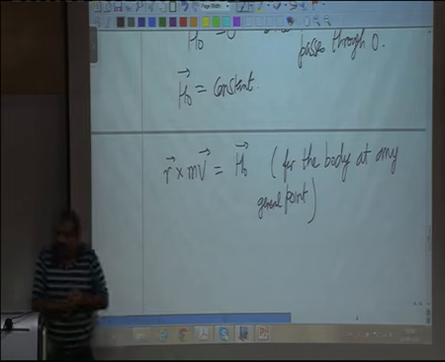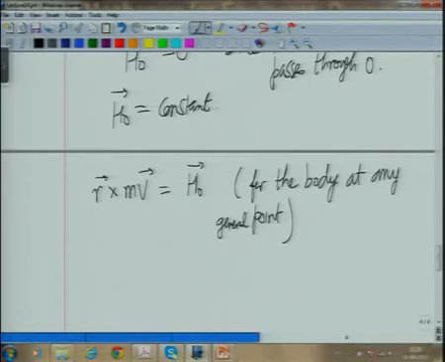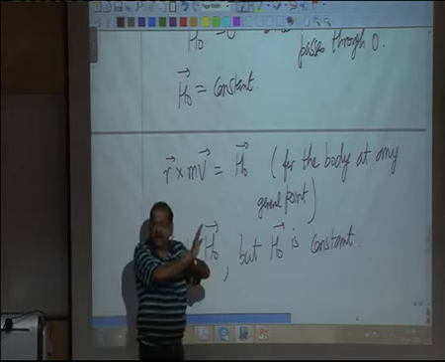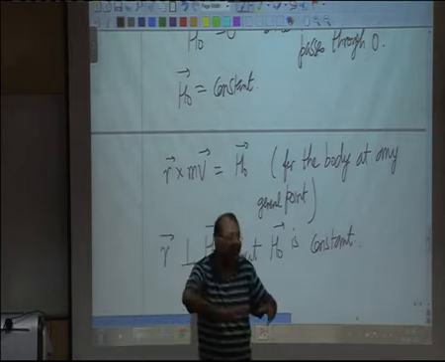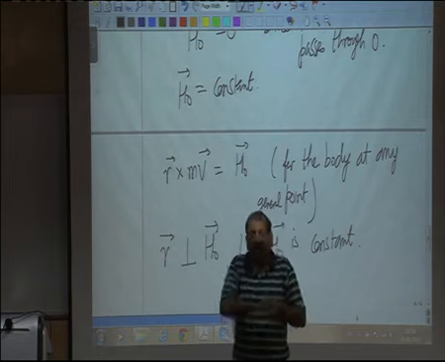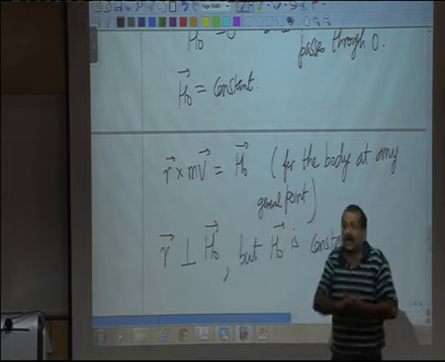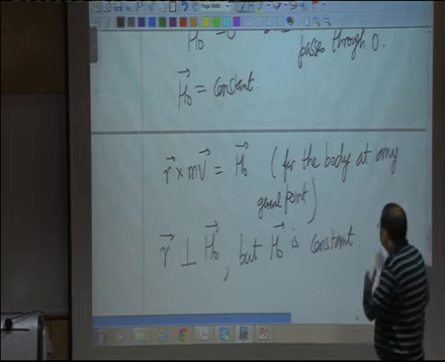That means the vector r has to be always perpendicular to HO, because by definition r cross mv is HO, but H about O is constant. So what is the meaning of this? That r has to be along a plane, because the HO vector is a constant vector. So r always has to be along this plane which is perpendicular to HO. If HO was changing, the plane of r could change. But because HO is constant, r has to be in a plane which is perpendicular to HO.